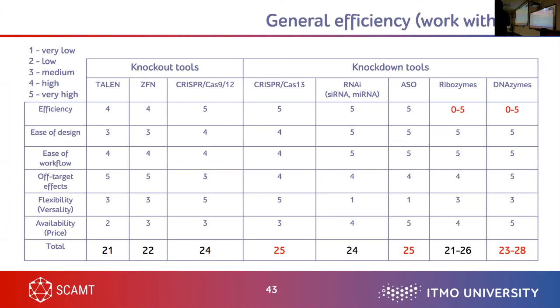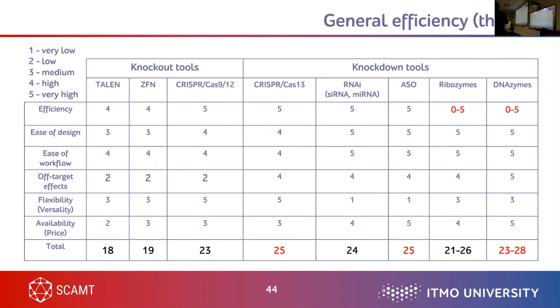So this is the general efficiency if you want to work with cells, and the general efficiency if we want to work with therapy. If it's therapy, there are some situations where we would like to use antisense oligonucleotides and CRISPR-Cas systems, and there is a little difference.